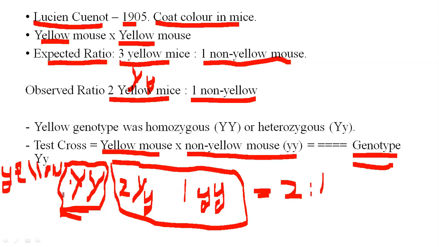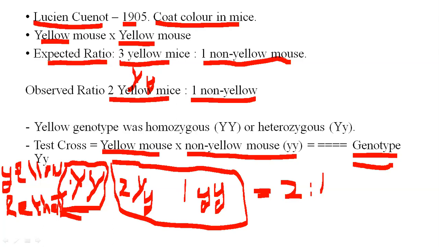Capital Y capital Y was lethal, and the mouse did not survive. Lethal means bringing death. So for the coat color, skin color, it was a dominant character, but for death, it was a recessive character. So the mouse did not survive; it died.